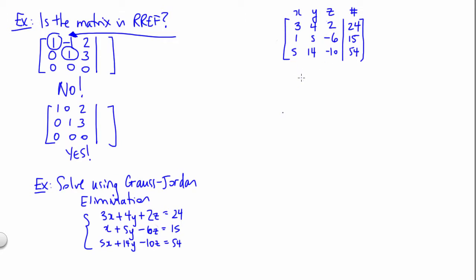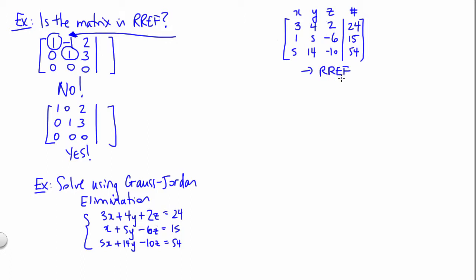Now our goal, if we're doing Gauss-Jordan elimination, is to get this augmented matrix into reduced row echelon form. Remember, if you're doing Gaussian elimination, you only have to go to REF. But if you're doing Gauss-Jordan elimination, then you have to take this matrix all the way into the reduced row echelon form.